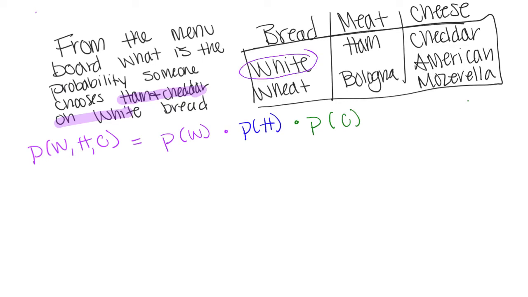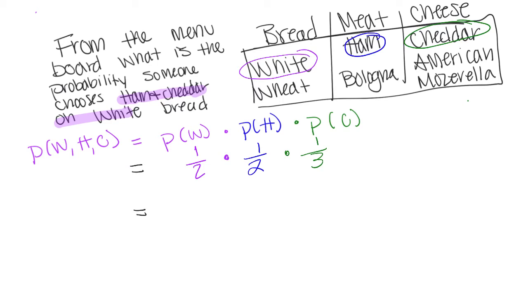Okay, well, white bread is 1 out of 2 types of bread times ham is 1 out of 2 types of meat times cheddar is 1 out of 3 types of cheese.